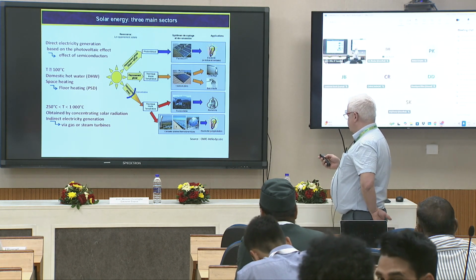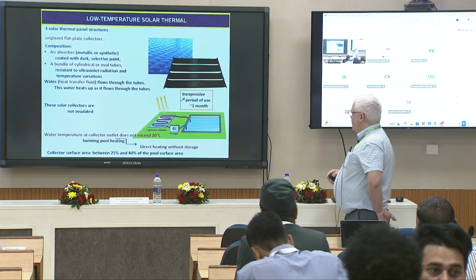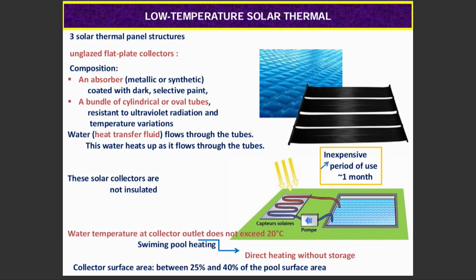So regarding the flat plate collector, the most simple one, at very low temperature, is uncovered, so there is no glass. There is only an absorber, which means that there is no greenhouse effect.